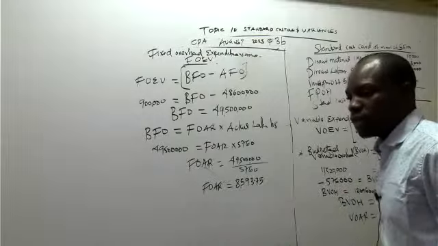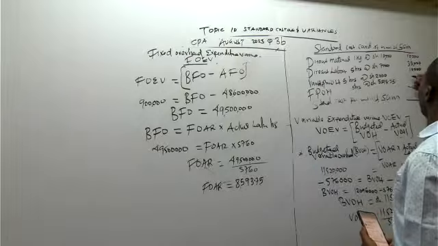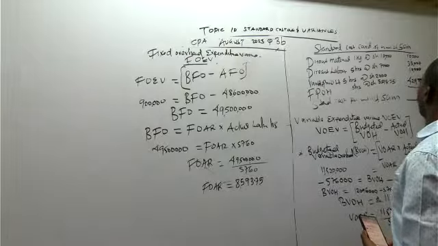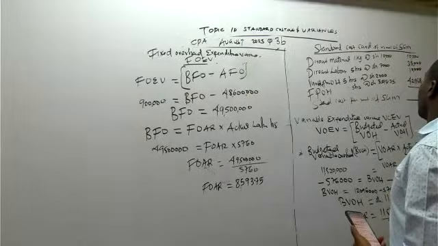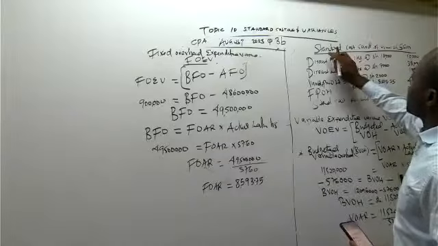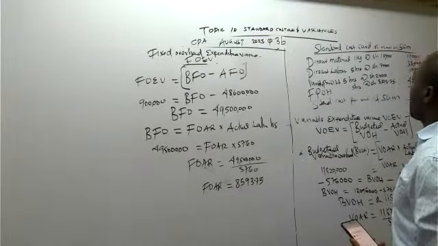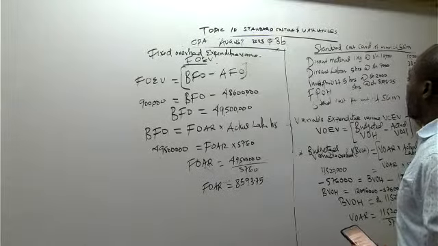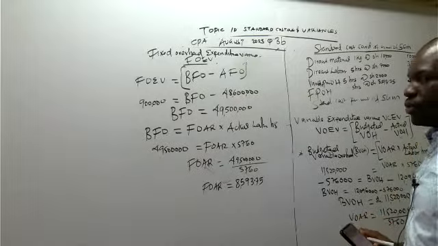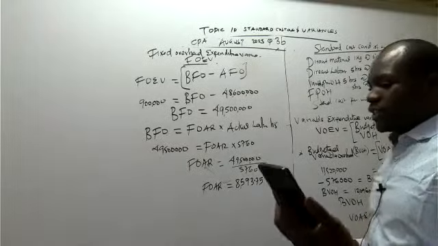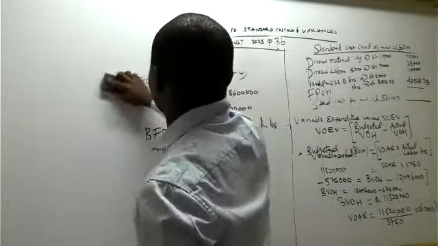42,968.75. Standard cost card of a unit of SGM. Haya, kuja hapa chini nipatie total. What do you have? Alafu just prove. Nipatie total, then we now prove.